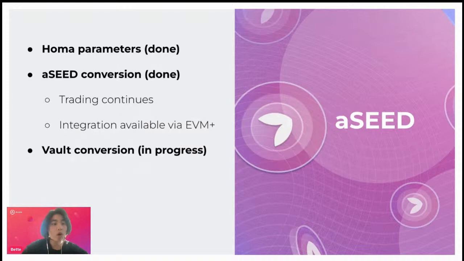There's also a question regarding AUSD on centralized exchanges, whether they are converted to ACUSD. Basically, we don't distinguish accounts. All on-chain accounts that have AUSD are already converted to ACUSD.